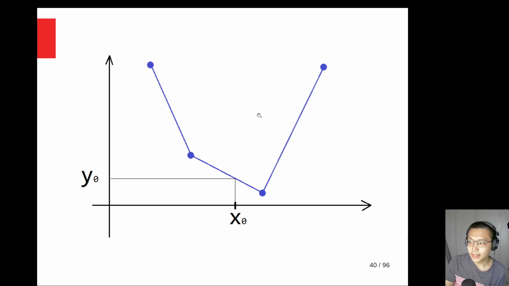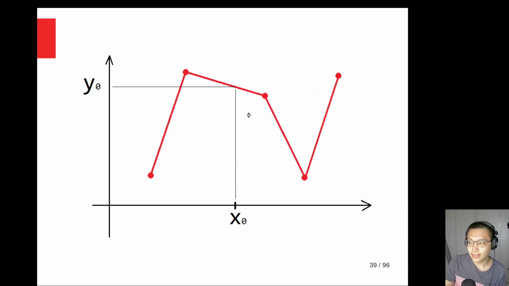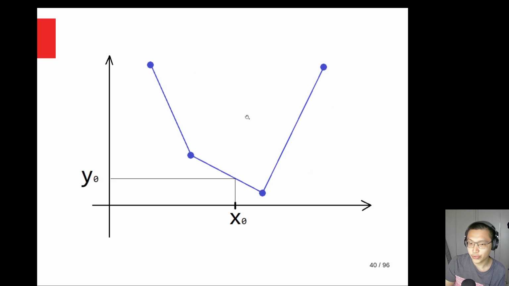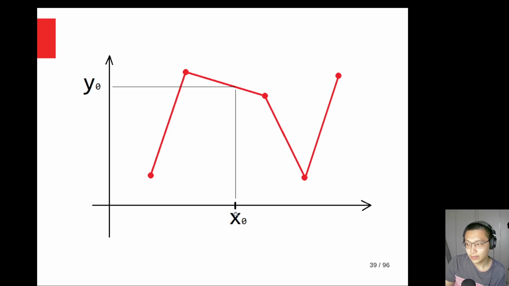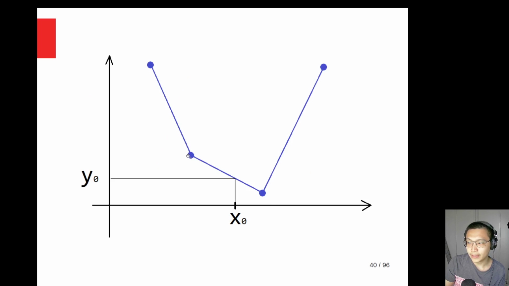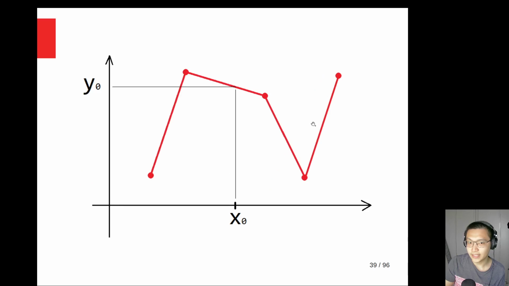So this interpolation function, as you can see, depends on two things. One is the input x0. Whatever input x will change the output of y. And also it depends on the data sets that you provided. If you provide me these 4 blue points instead of these 5 red points, then the output y would also be different.